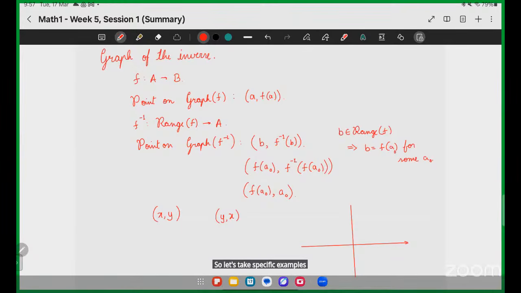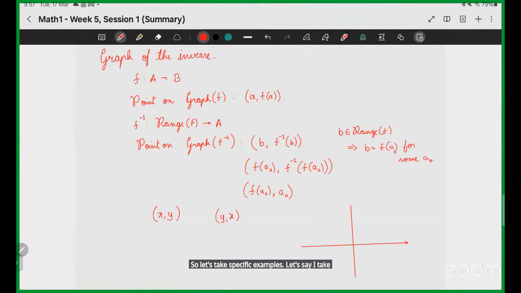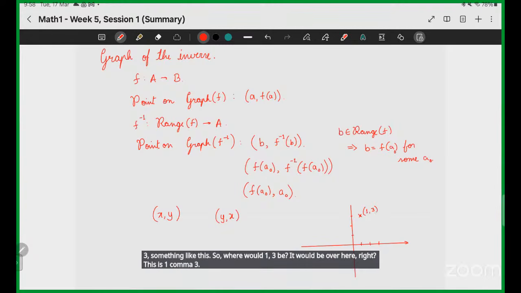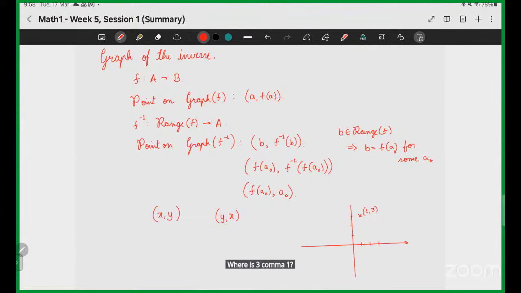Let's say I take the point 1 comma 3. So where would 1 comma 3 be? It would be over here, right? This is 1 comma 3. Where is 3 comma 1? It's over here.